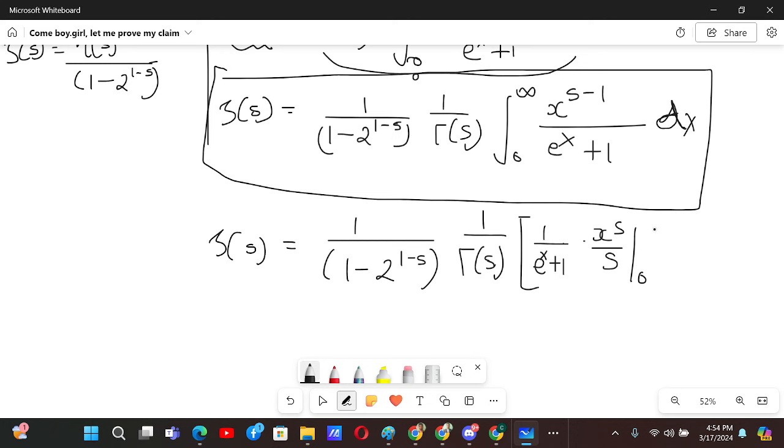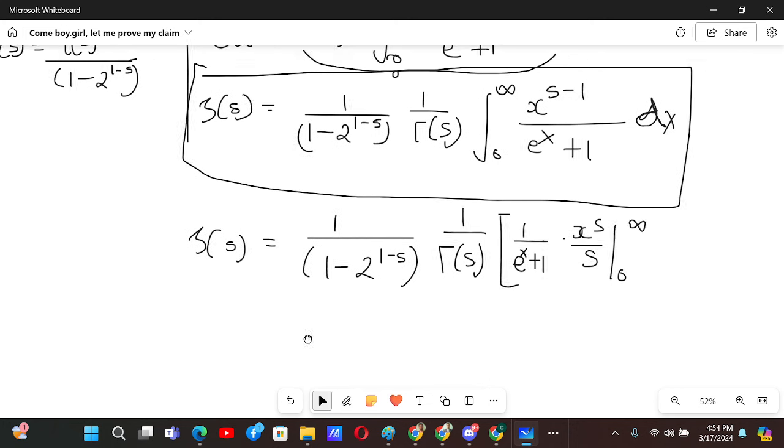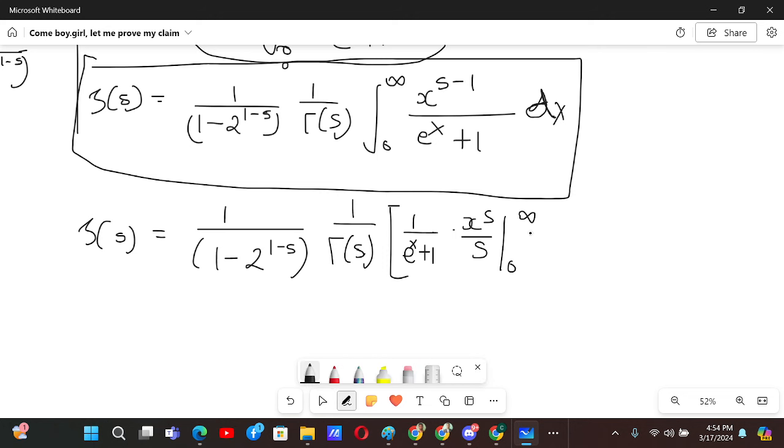This is going from 0 to infinity. And then minus integral from 0 to infinity. Now the derivative of this expression is minus 1 by e to the power x plus 1 whole square, times e to the power x. The integral of this is x to the power s by s dx.